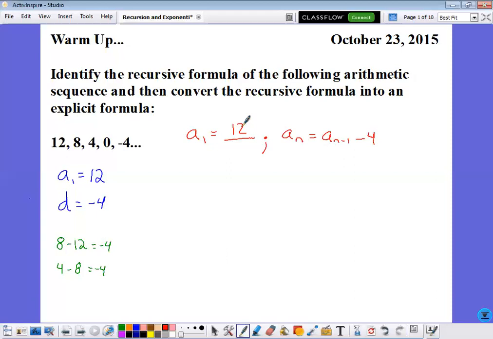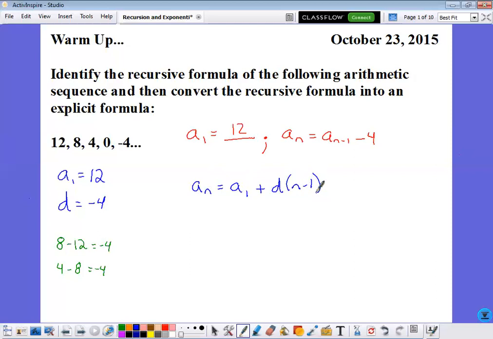So then we need to take this and convert to an explicit formula. So if we recall, an explicit formula always has this as a standard: a sub n equals a sub 1 plus d times n minus 1. So that being said, in math speak, like we talked about, the nth term is equal to the first term plus the common difference times your term number minus 1.